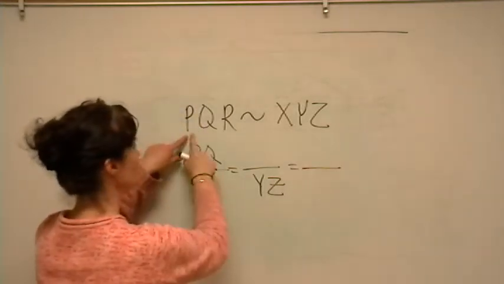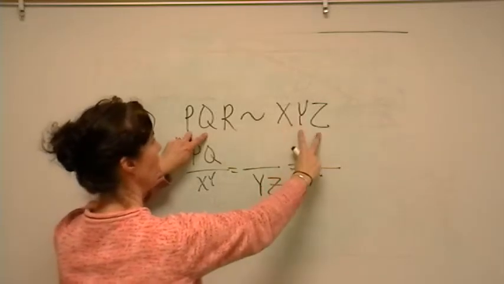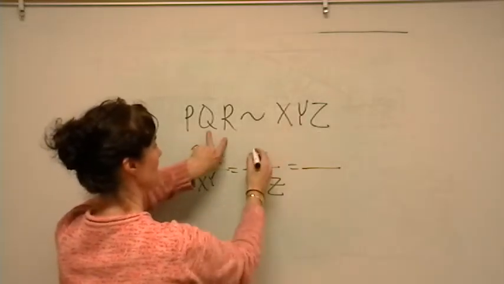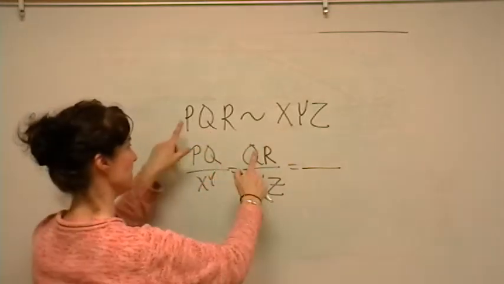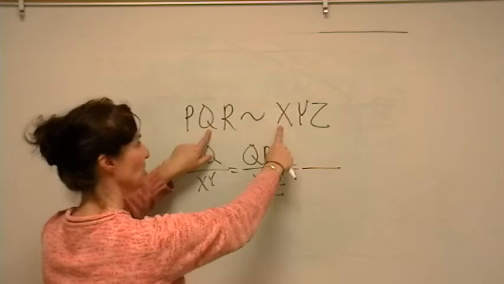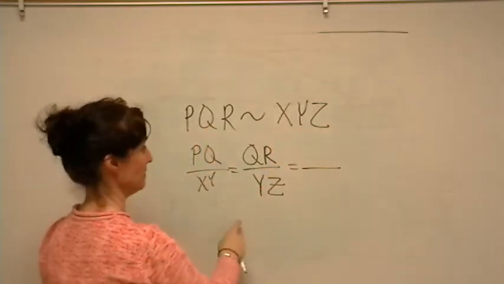Okay, so what you want to do here is say, okay, PQ and XY are the first two in a line. YZ are the second two, so this has to be QR. This similarity statement says that P and X match up, Q and Y match up, R and Z match up. So it has to be that way.